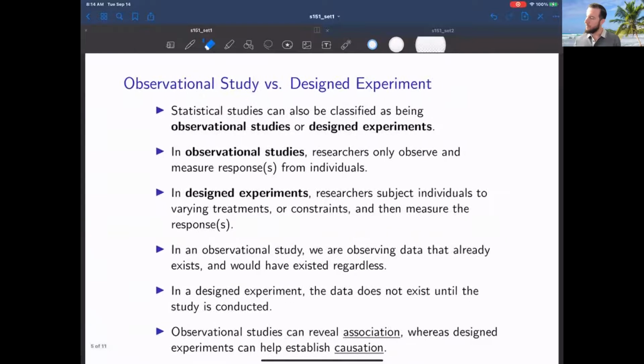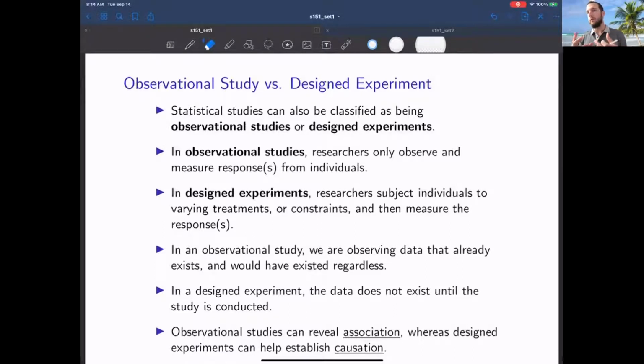We also talked about the difference. We finished off, I should say, by talking about the differences between the observational study and the designed experiment. The key here is that the observational study is one in which we do not apply any kind of pressure to the observations to create data.